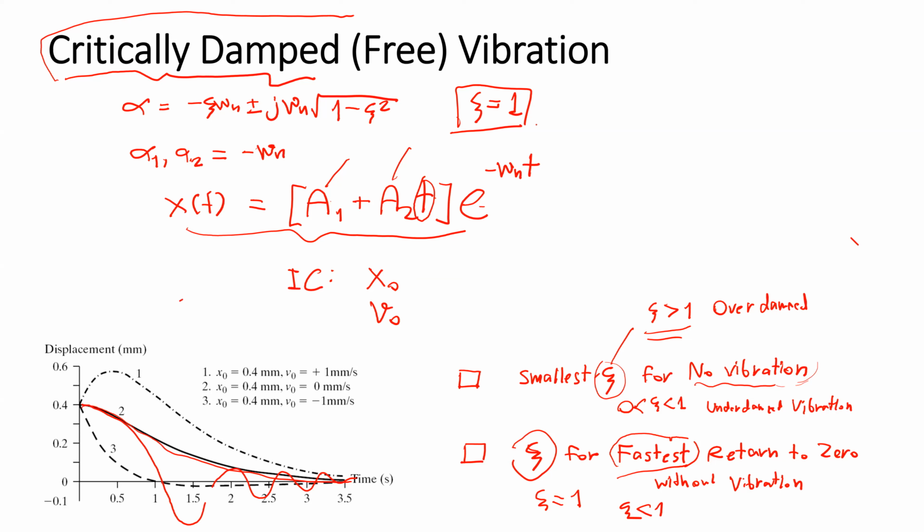If you want to bring the displacement of the mass to the equilibrium as fast as possible without vibration, you should select the damping ratio to be the critically damped value.